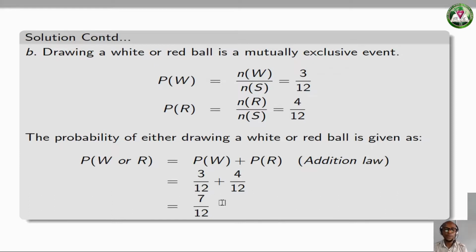Adding these probabilities, our result is going to be 7 over 12, taking the LCM and doing the arithmetic there. So the probability of picking a white or red ball is 7 over 12. You can change this into a percentage to see the likelihood of that event happening.